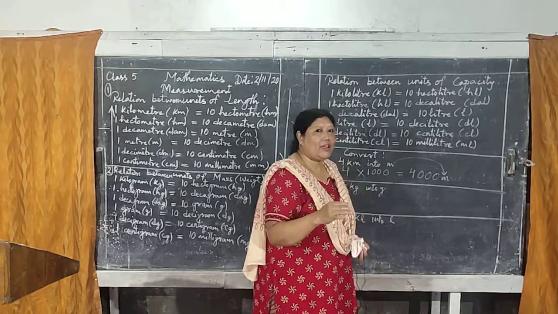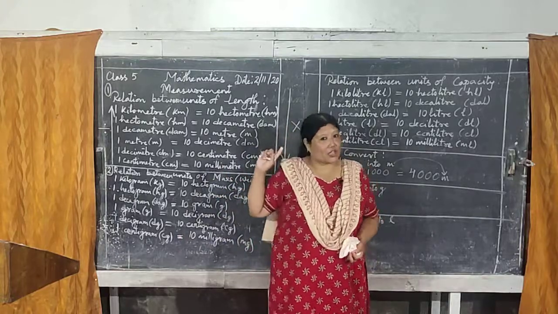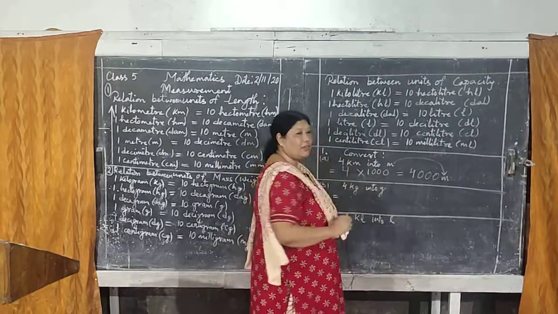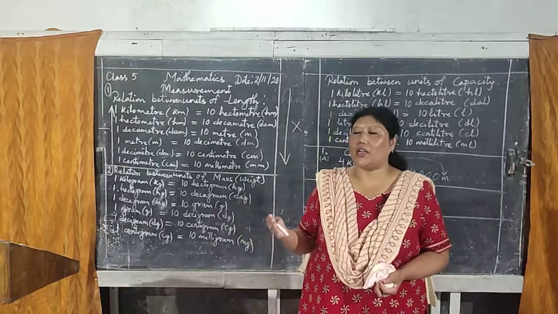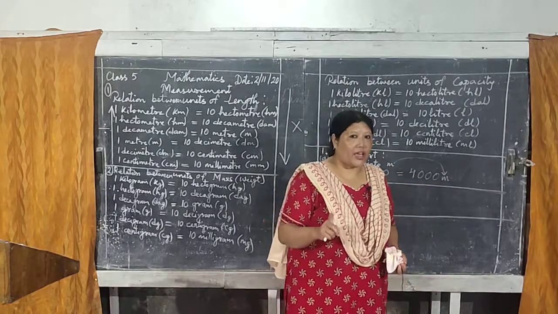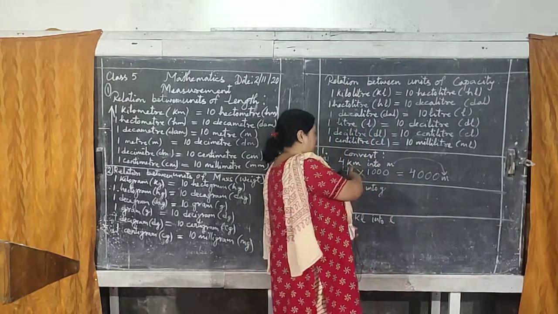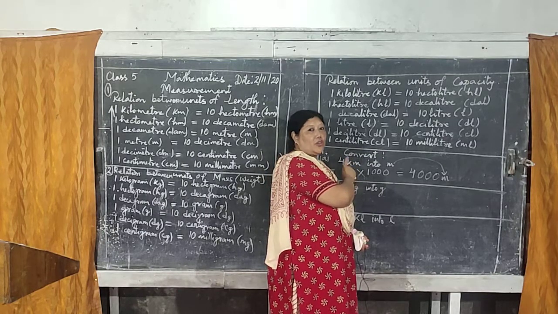Okay. Then if it is bigger to smaller, what I had told you, it is multiplication. So write multiplication. Then instead of multiplying 10 tens are 100 tens are, instead of that, you count the steps. Okay. What are you going to do? Kilometer, the question itself, the unit of the question.